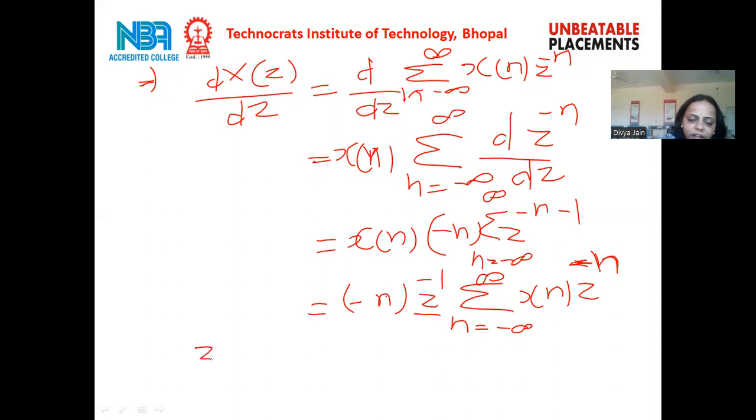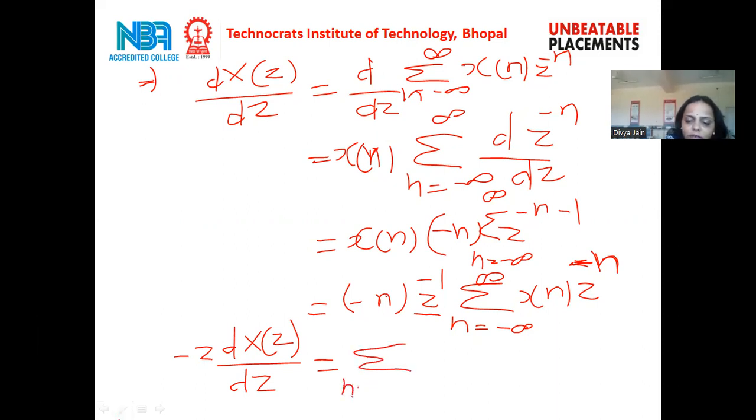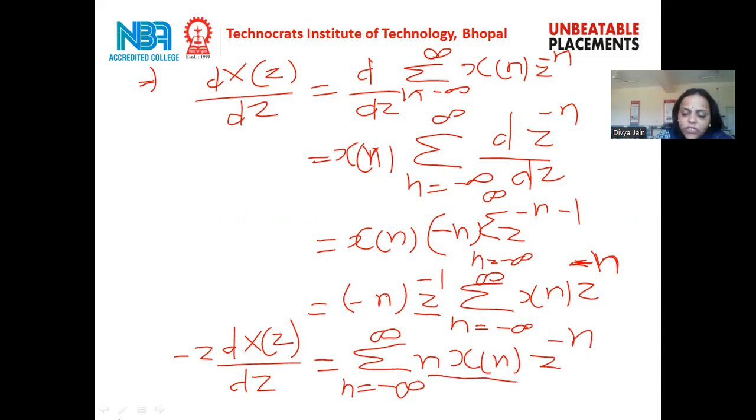So we will get z dX(z) by dz is equal to, the minus sign is also taken to the left side, summation n equals minus infinity to infinity n x[n] z to the power minus n. So this is nothing but the z transform of the input signal n x[n].